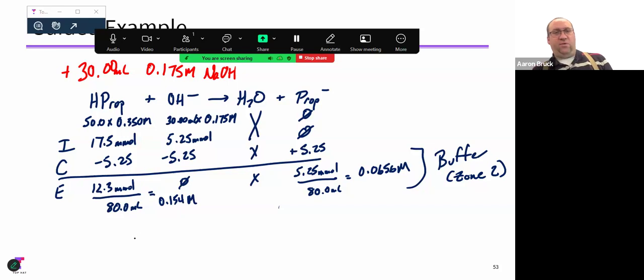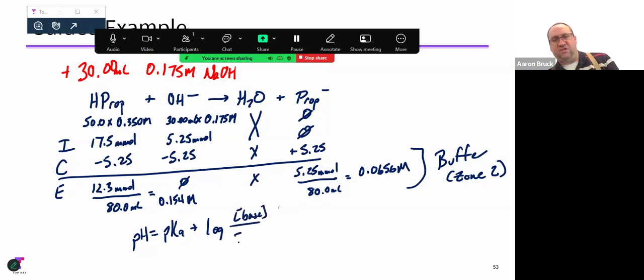Since it's a buffer, we would use the Henderson-Hasselbalch equation. pH is equal to pKa plus the log of the concentration of base over the concentration of acid.